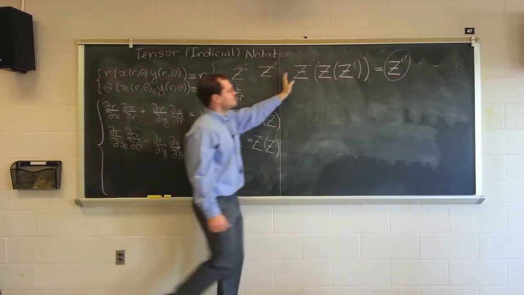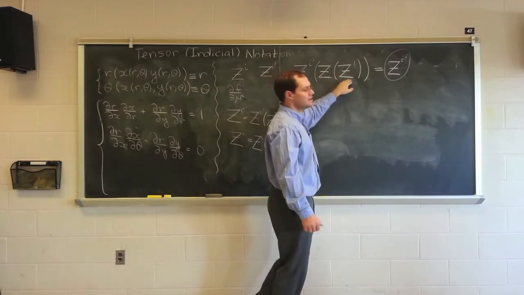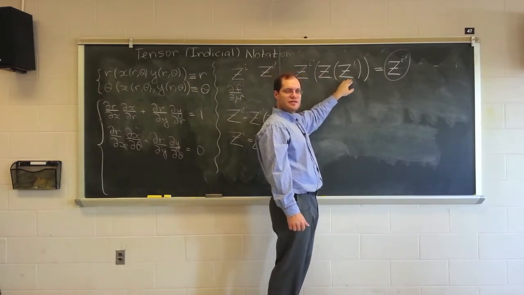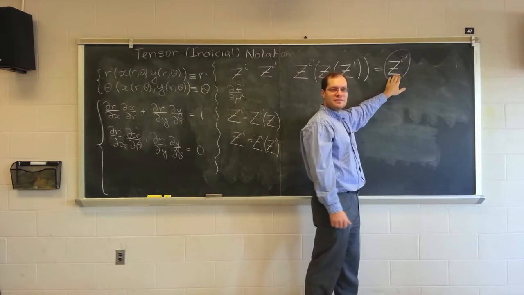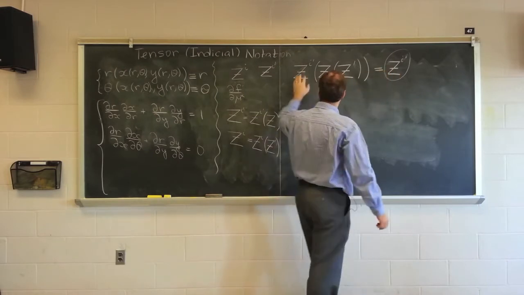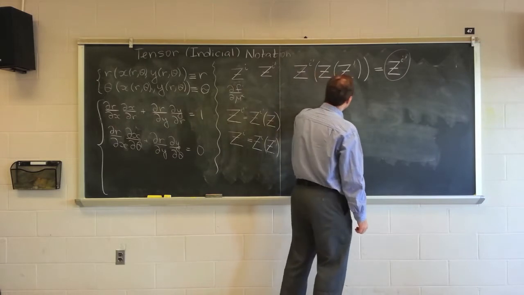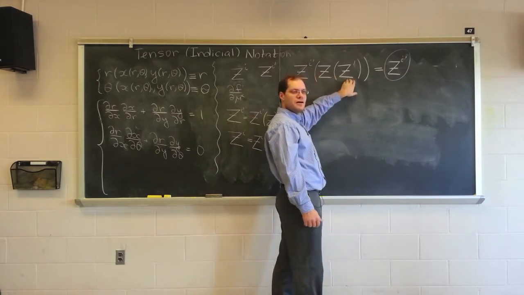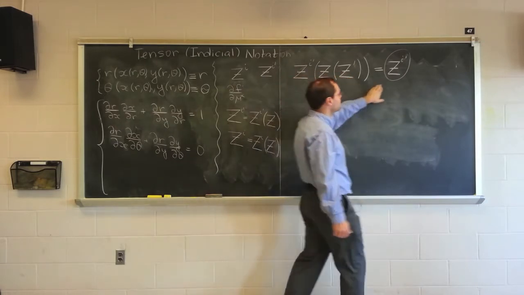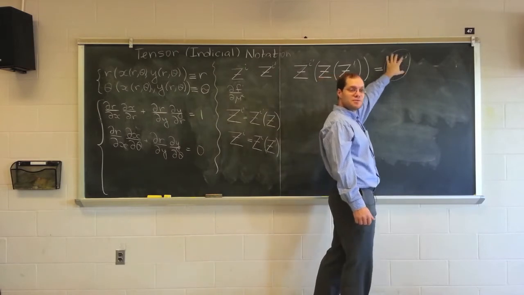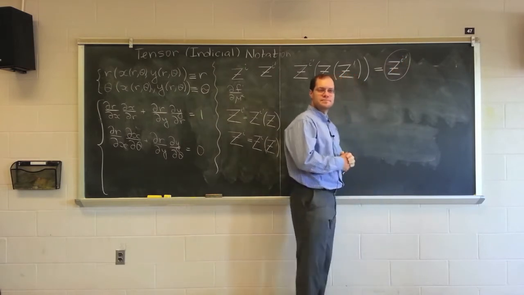Theta, as a function of x, y, and z, plug in how x, y, and z depend on r, theta, and phi, will recover theta. And finally, phi, when i equals 3, as a function of x, y, and z, when you once again plug in r, theta, and phi, will recover phi, because that's what this represents when i is 3.